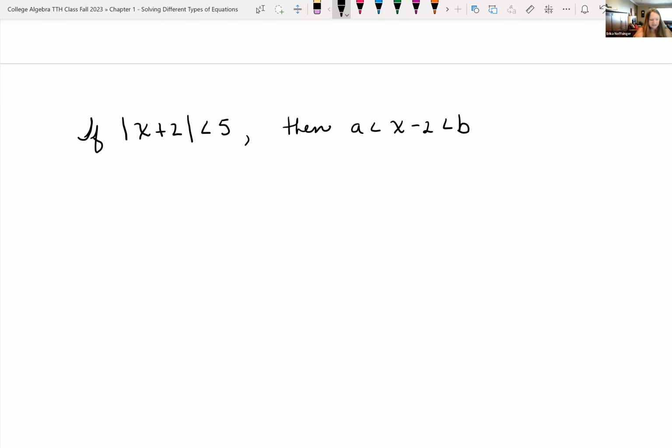And in the directions, it asked us to find a and b.